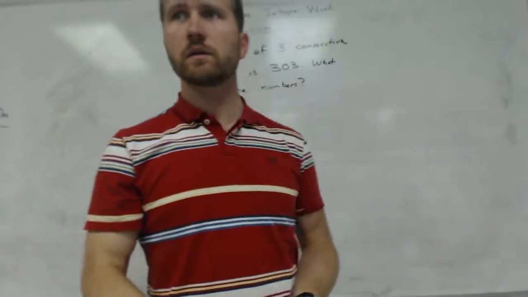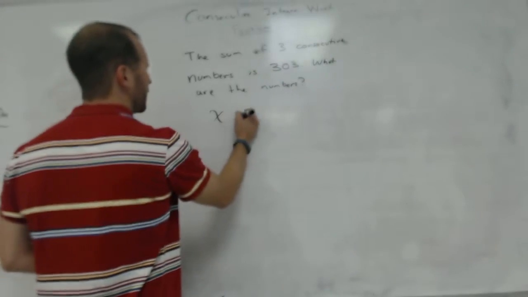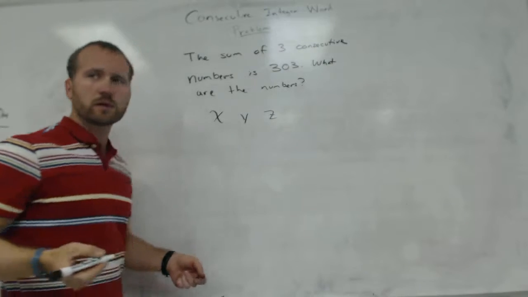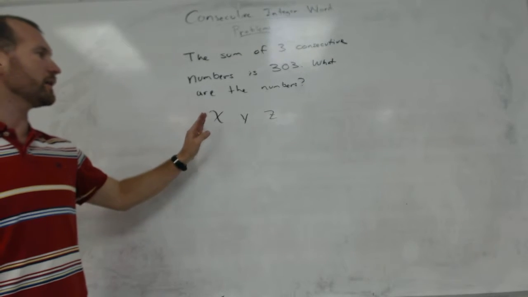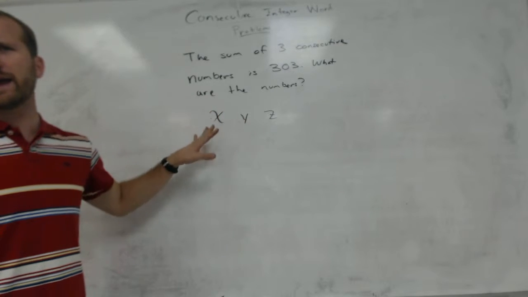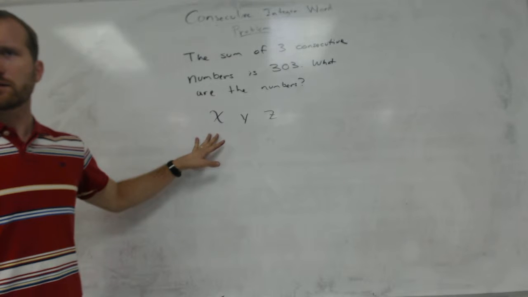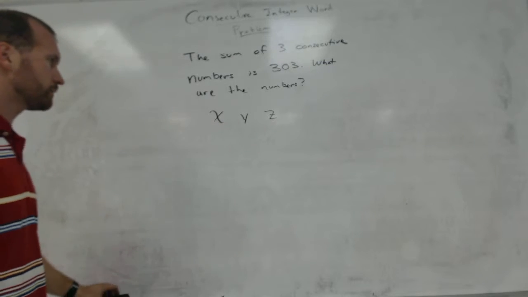What are the numbers? Well, we could call the numbers x, y, and z, because we don't know them. But instead of calling them x, y, and z, I'm going to try to call them all x, because then I only have one variable to solve for.